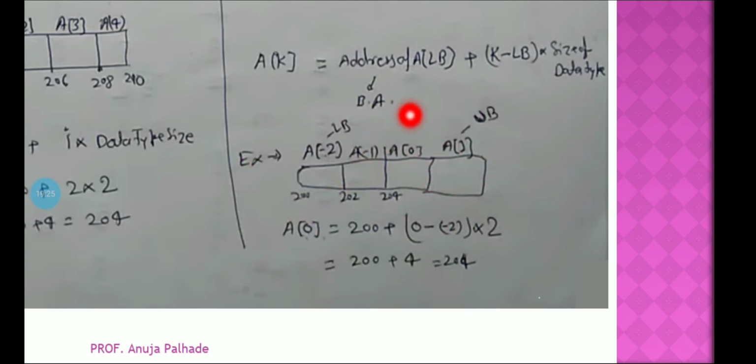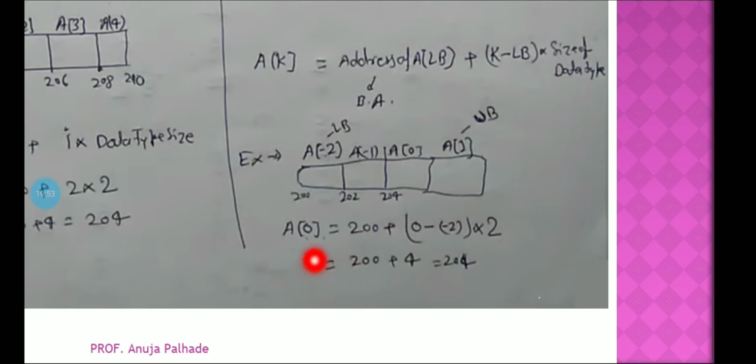For such an array you can always say the base address is 200 here, correct? But the lower bound is -2 and the upper bound is 1. So for finding the address of any location inside the array, if your array size is 1000 and you want to find the location of index 800, you can also use this formula.